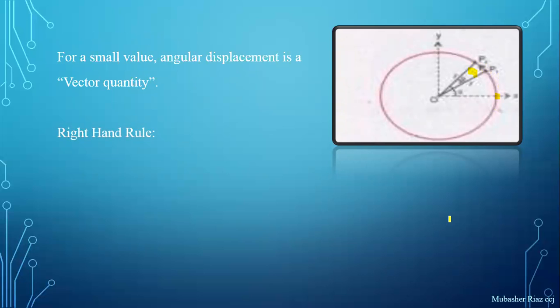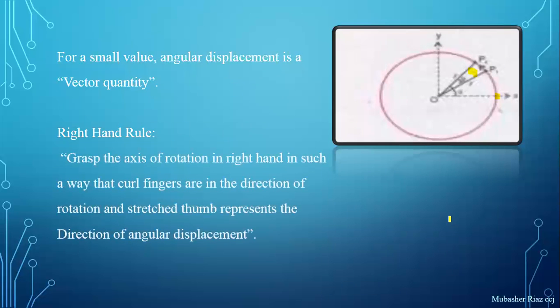If it is a vector quantity, then its direction can be determined by using the right hand rule. And what is the right hand rule here? Grasp the axis of rotation in the right hand in such a way that the curled fingers are in the direction of rotation and the stretched thumb represents the direction of angular displacement. The direction of rotation is either clockwise or anti-clockwise.